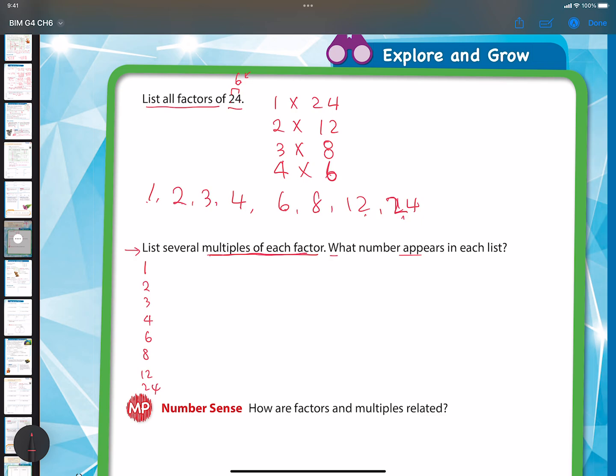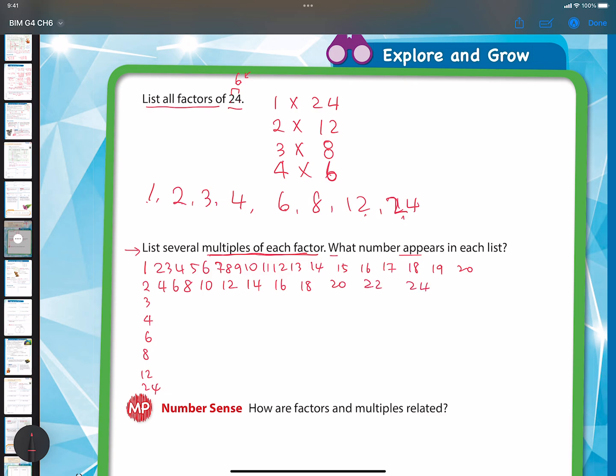Multiples of 1 are what? Yep, 1, 2, 3, 4, 5, 6, 7, 8, 9, 10, 11, 12, 13, 14, 15, 16, 17, 18, 19, 20. Multiples of 2: 2, 4, 6, 8, 10, 12, 14, 16, 18, 20, 22, 24.